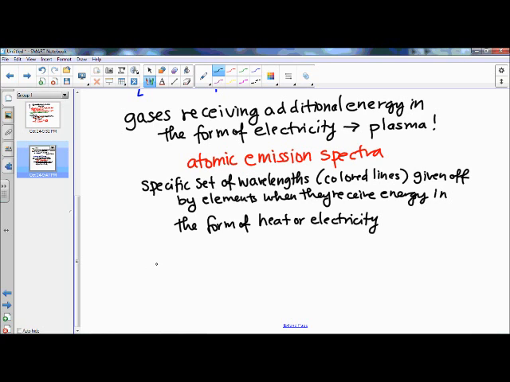So the energy goes in the form of heat or electricity, the atoms absorb it, and then they release it back out in the form of light. And no two elements have the same pattern.